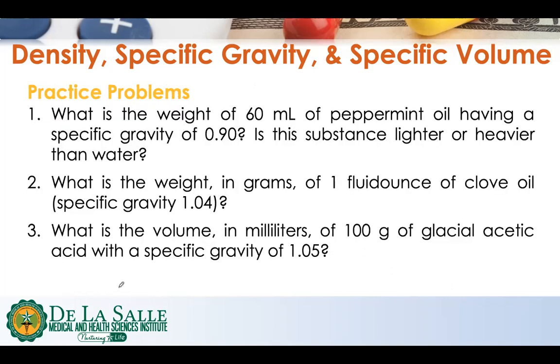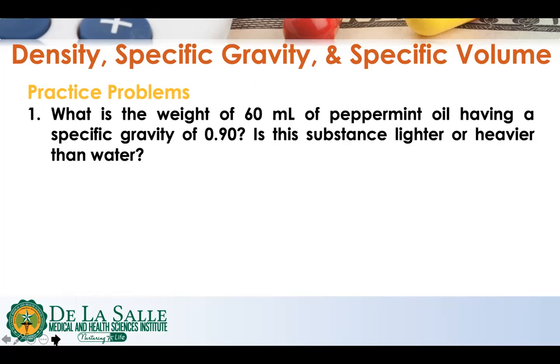Let's have these examples to illustrate how we will be able to use the specific gravity or the specific volume in determining the weight or the volume of the substance. So first, what is the weight of 60 milliliters of peppermint oil having a specific gravity of 0.9?